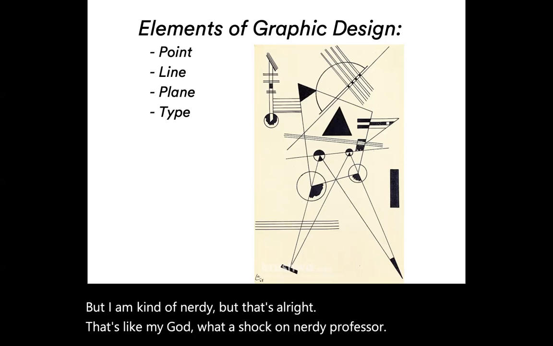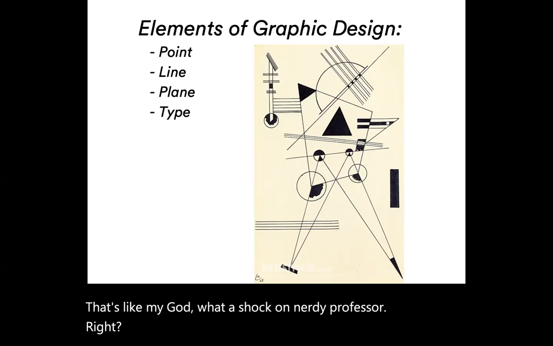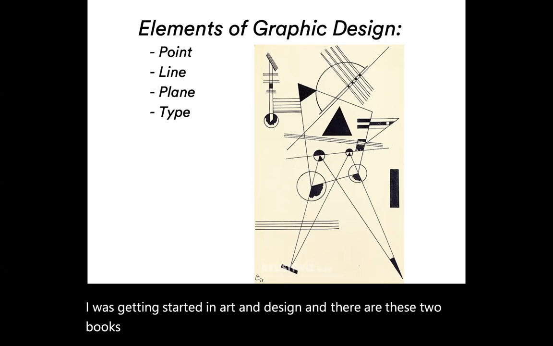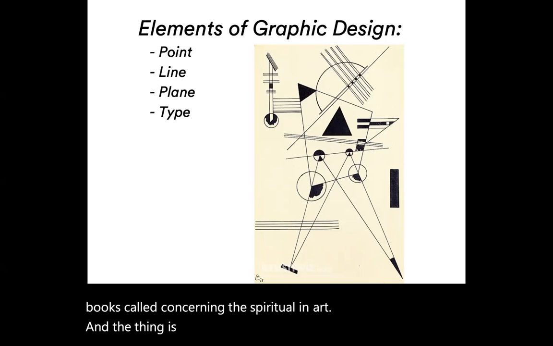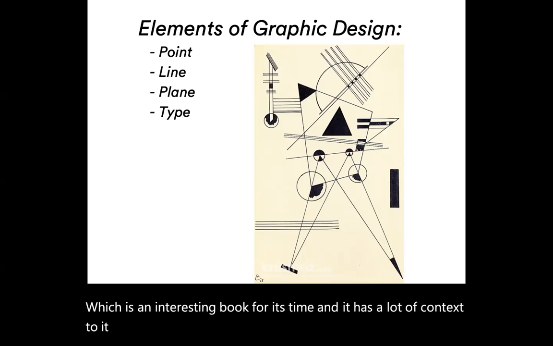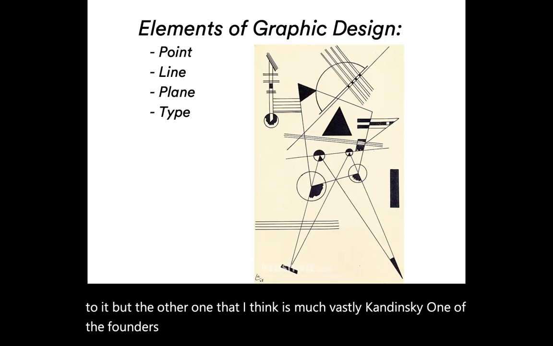Right. Anyway, when I was getting started in art and design, there were these two books. One is Concerning the Spiritual in Art, which is an interesting book for its time and has a lot of context to it. But the other one is by Vasily Kandinsky, one of the founders of the Bauhaus.